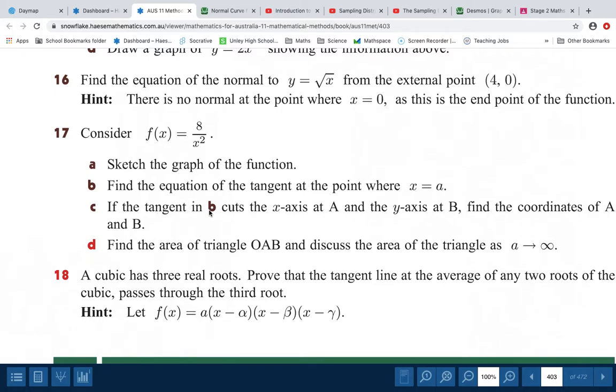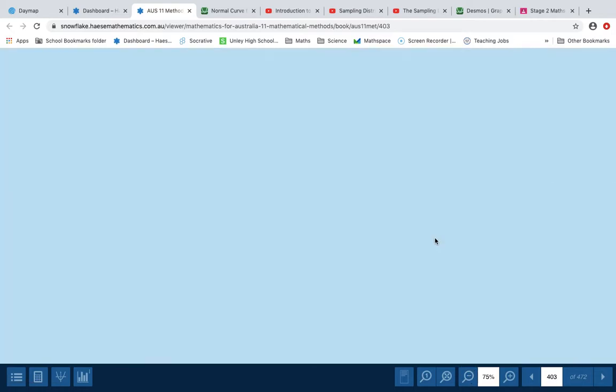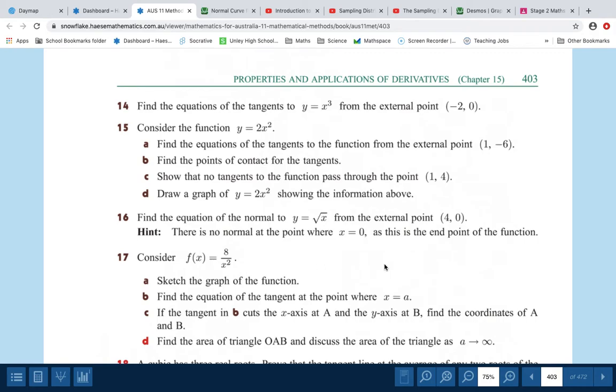If the tangent cuts the x-axis at A and the y-axis at B, find the coordinates of A and B. Oh, internet's a bit slow. Let's read that again. If the tangent cuts the x-axis at A and the y-axis at B, find the coordinates of A and B. Right, okay.